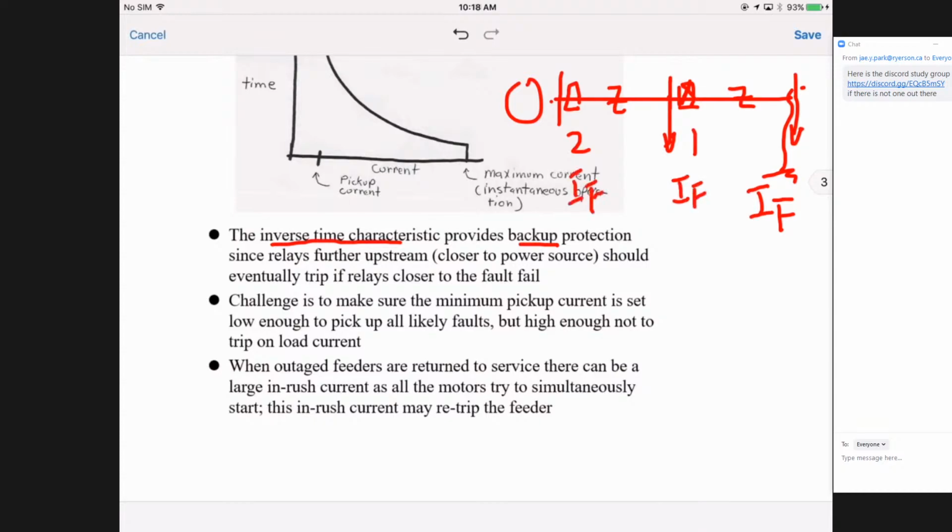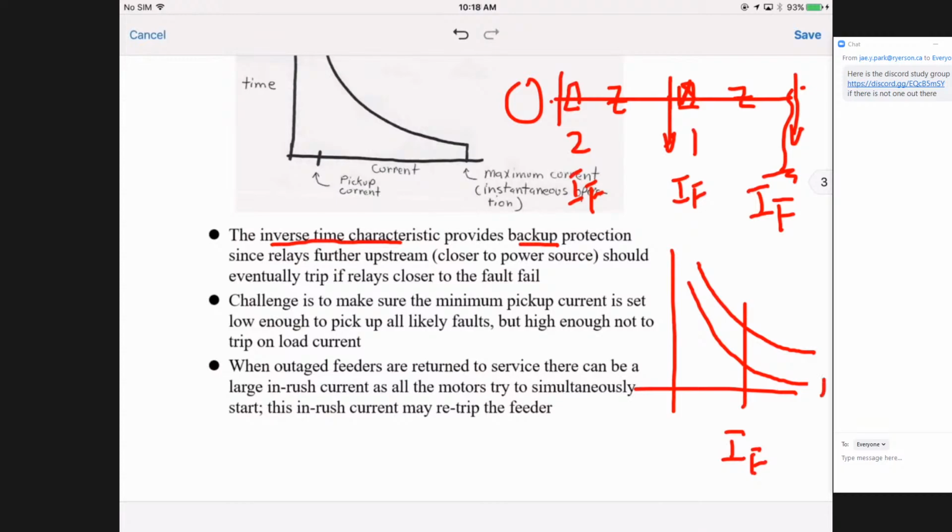Now how do you distinguish which one is primary? It depends on your setting. Even though both see IF, this is the setting for breaker 1, and this is the setting for breaker 2.